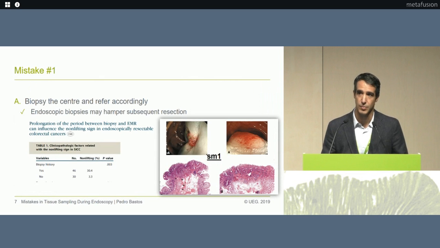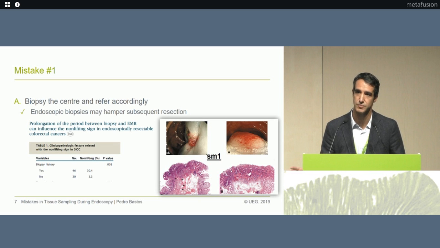The other problem with endoscopic biopsies is that we subjectively think that if we do a biopsy in one of these lesions, we can hamper subsequent resection. And this, in fact, is a subjective feeling, but it has been demonstrated in the literature.